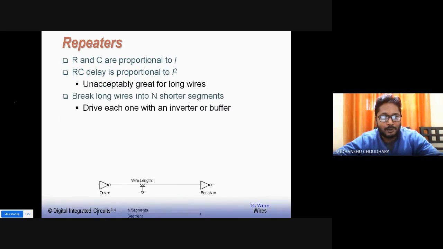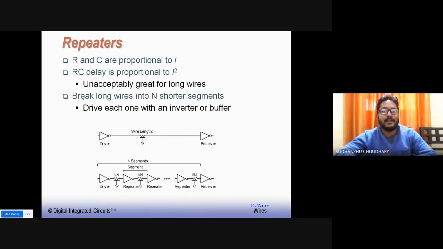Then one can also think about using repeaters for long wires or long interconnects. We saw that with long wires, because of the diffusion principle, that is, the signal diffuses as it moves along the length of the wire, the final delay at the end would be very large.